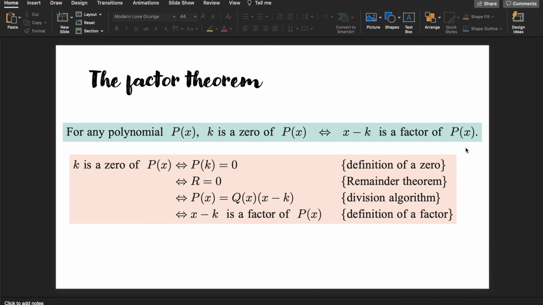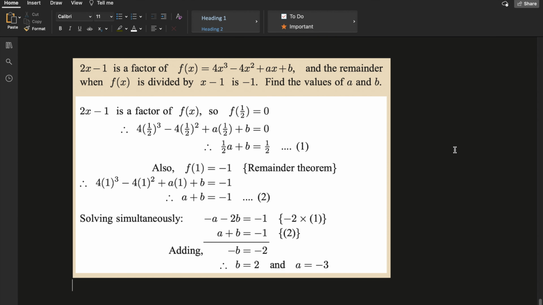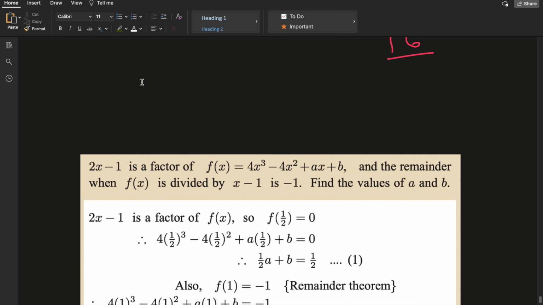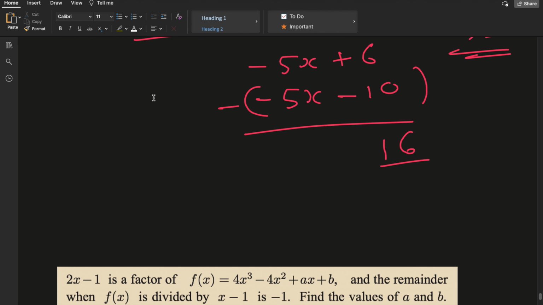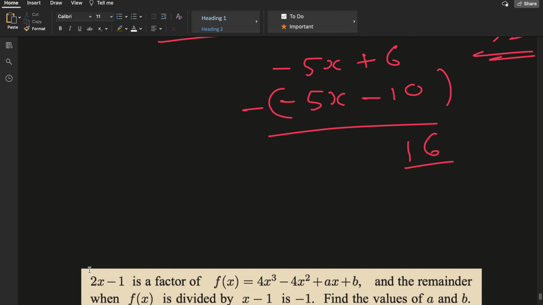Now let's look at a worked example to see how it really plays. So if 2x minus 1 is a factor of this, and the remainder when f of x is divided by x minus 1 is minus 1, find the values of a and b. So without looking at the solution, we'll just look at the question first and we'll see what we're supposed to do.